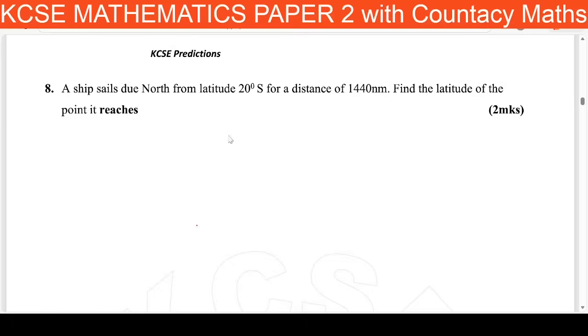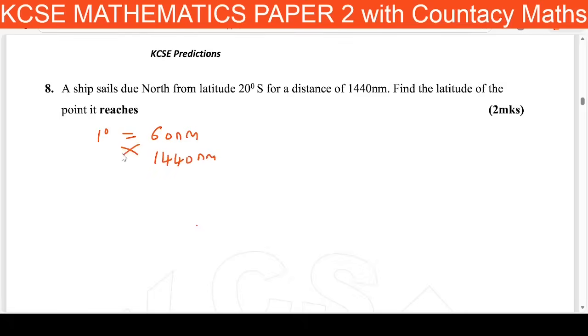So we are supposed to know how many degrees are equal to these 1440 nautical miles. The unit of conversion that we are going to use for that is that 1 degree is equivalent to 60 nautical miles. Then we ask ourselves, what about 1440 nautical miles?